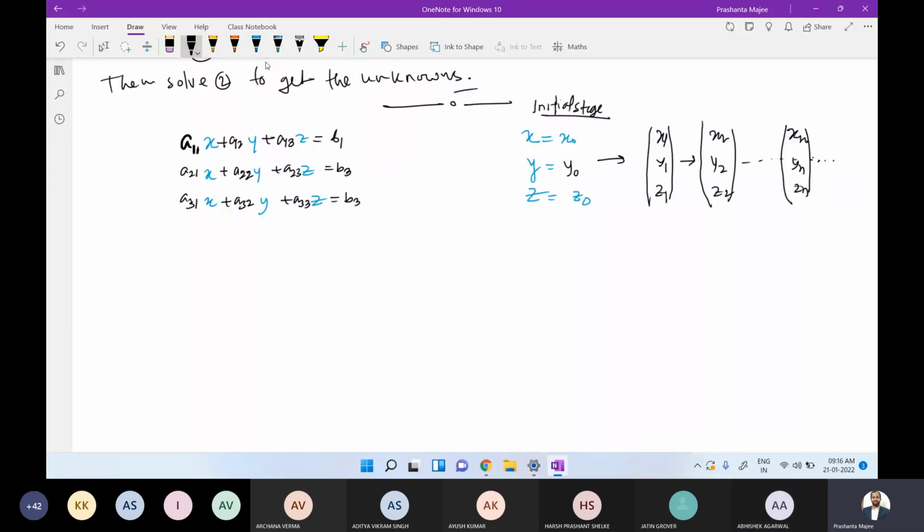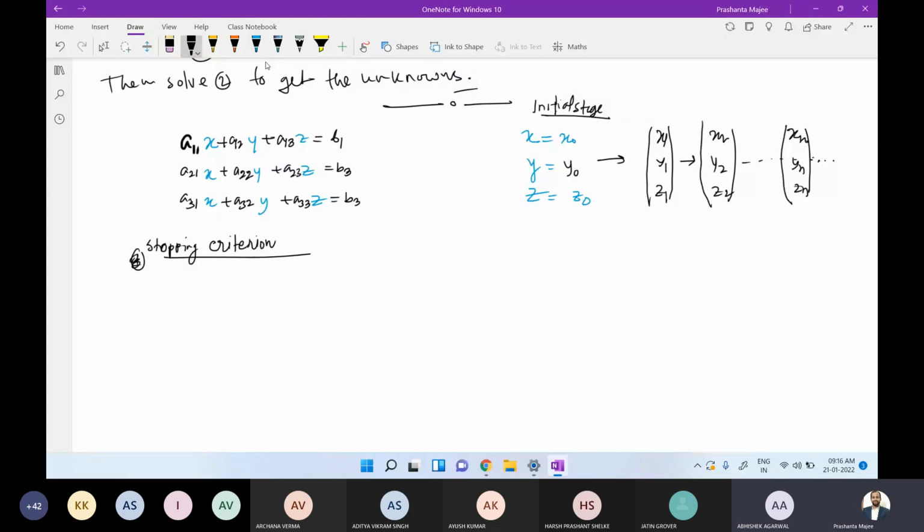What is the stopping criteria? So you can decide.